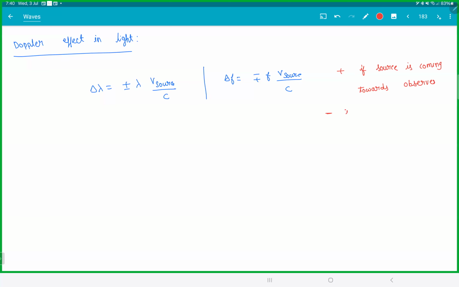Minus, if the source is going away, frequency will decrease. Here C is the speed of light.